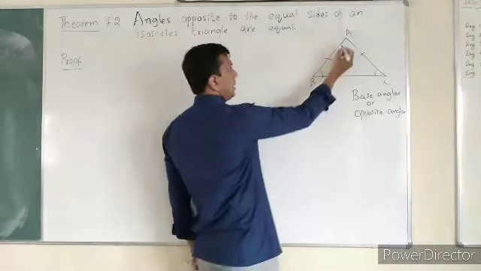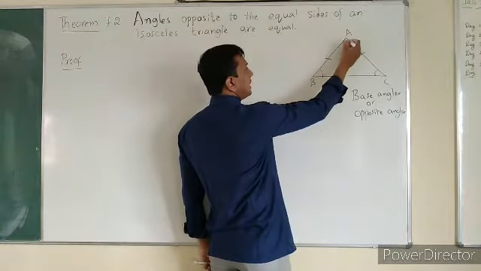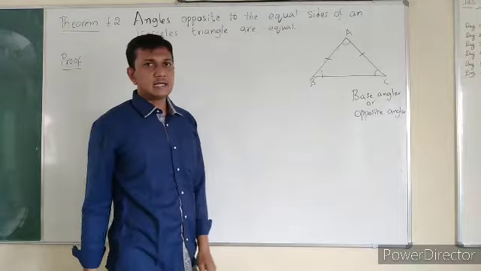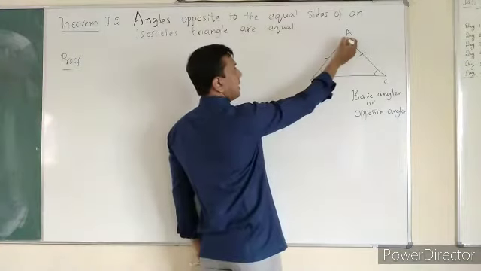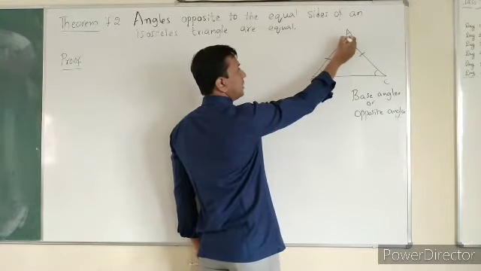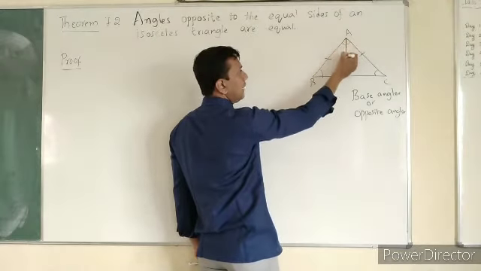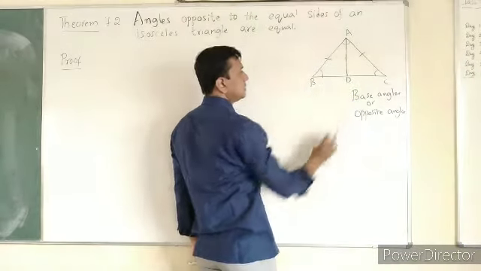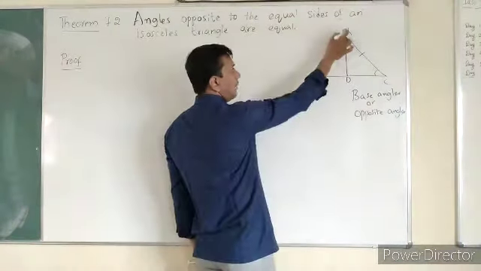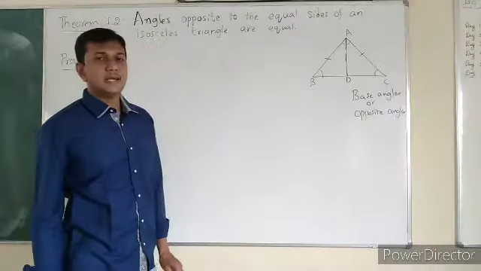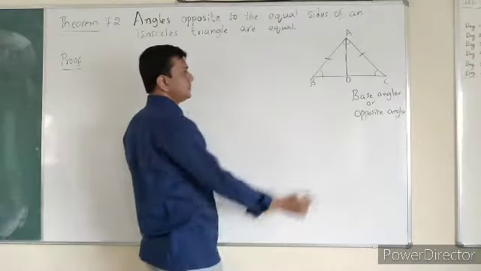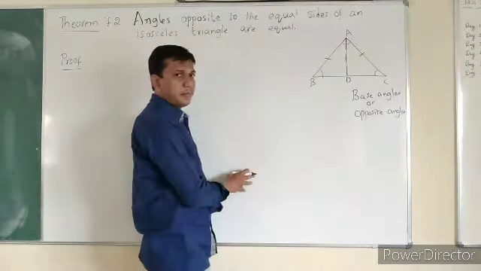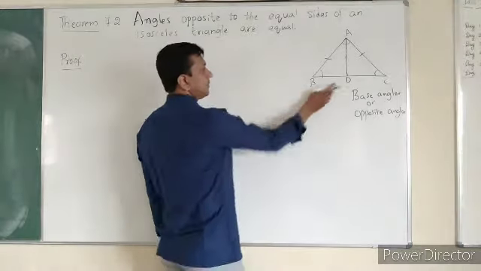Now to prove this, I will draw one bisector of angle A, nothing but an angular bisector, which divides the angle A into two equal halves. I have drawn the bisector of angle A such that a point D is produced on side BC.